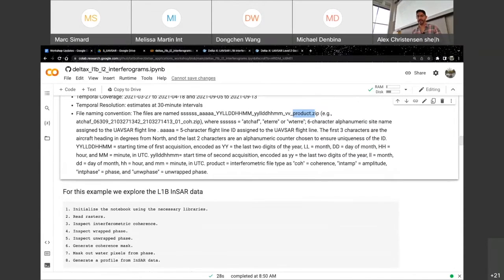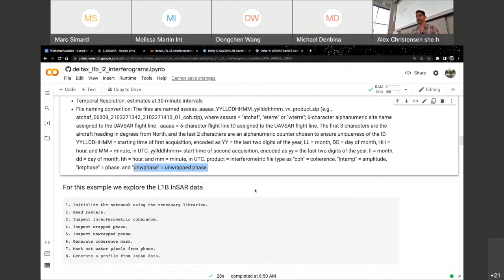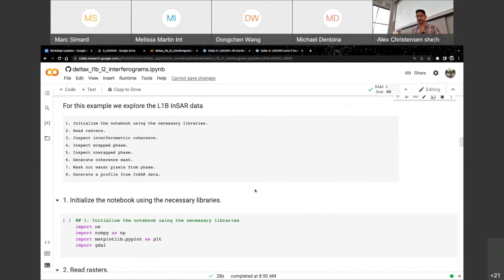So for example, here, we can have the interferometric product. The COH is coherence, interferometric amplitude, it'll show us int amp. The phase, it'll show us int phase. And the unwrapped phase, it'll show us unw phase, so that you know which one you are using or displaying.